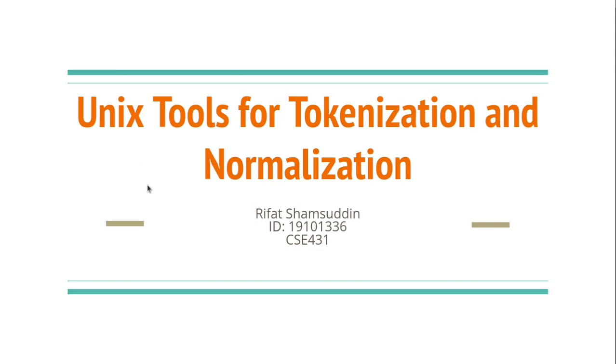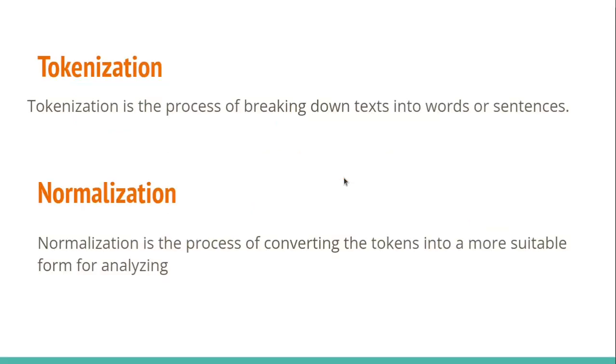First, let's go through an overview of what tokenization and normalization are. Tokenization is the process of splitting a string or text into a list of tokens. If we split the text into words, it's called word tokenization, and if we split it into sentences, it is called sentence tokenization.